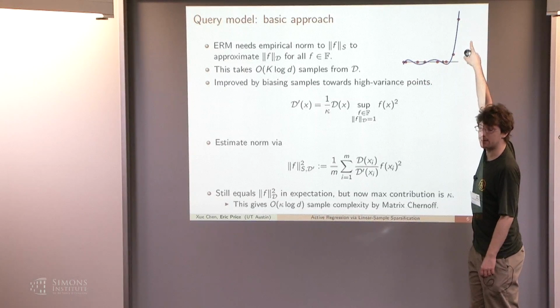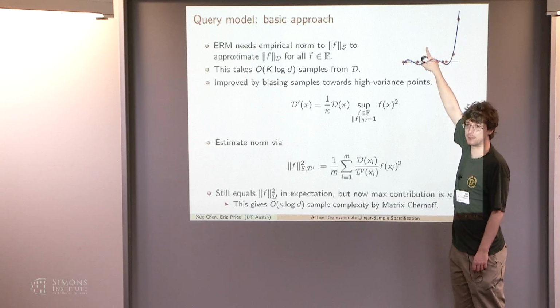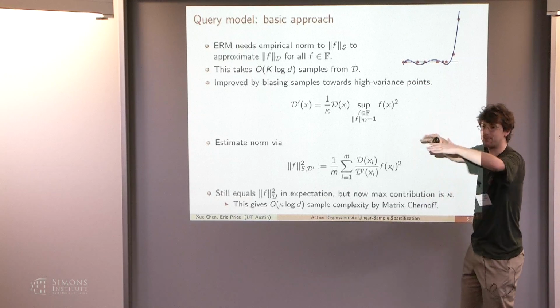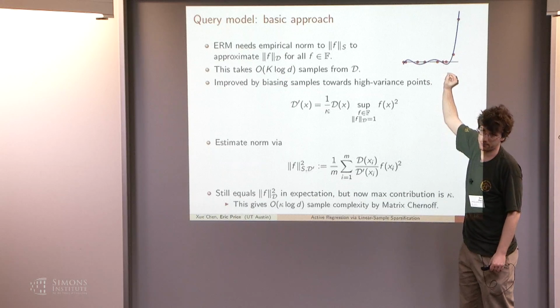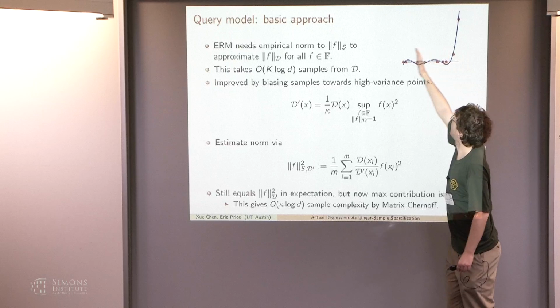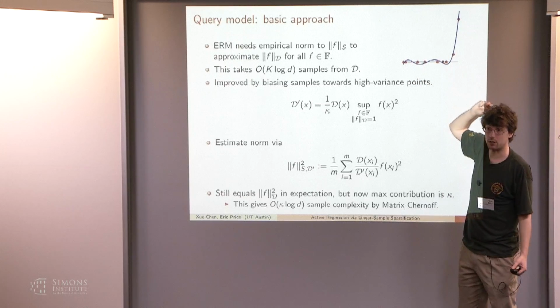The supremum was d times the average. But if you set x to be 0, then the supremum can't be d times the average, because it's constrained on both sides. The supremum can only be square root d times the average. And if you look at all of them on average, the squared value can be at most order d times the average.